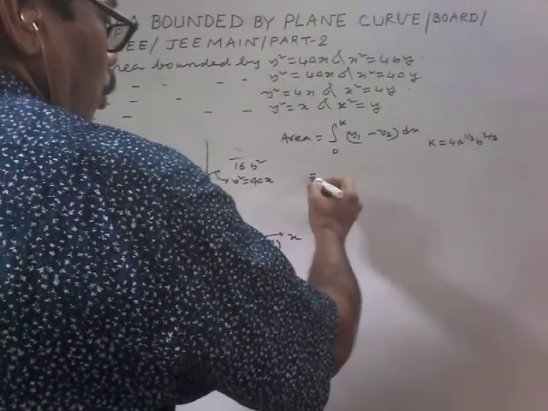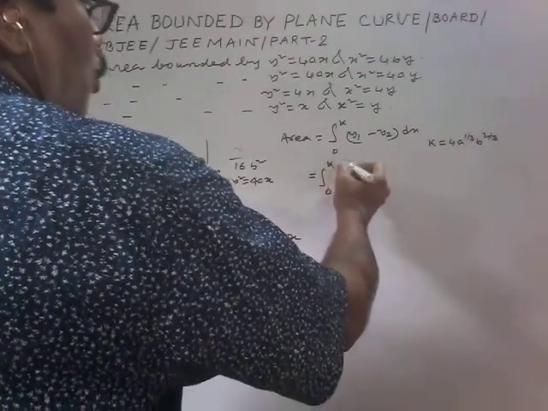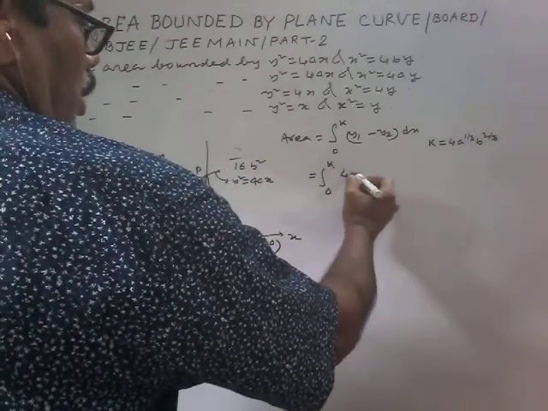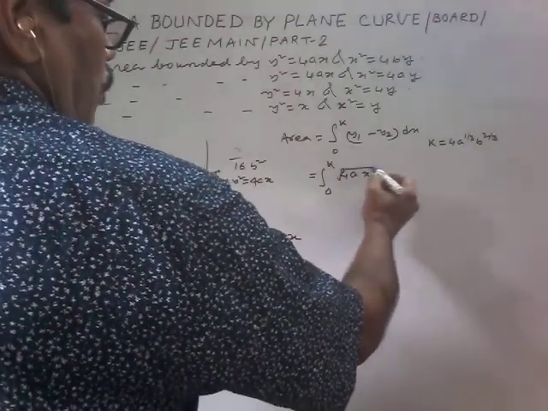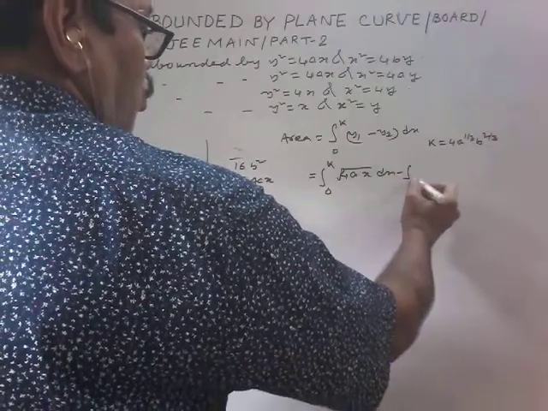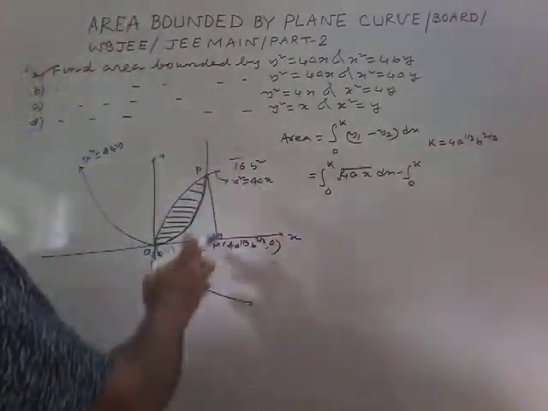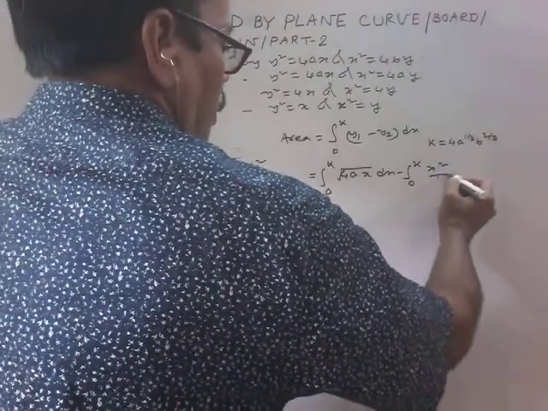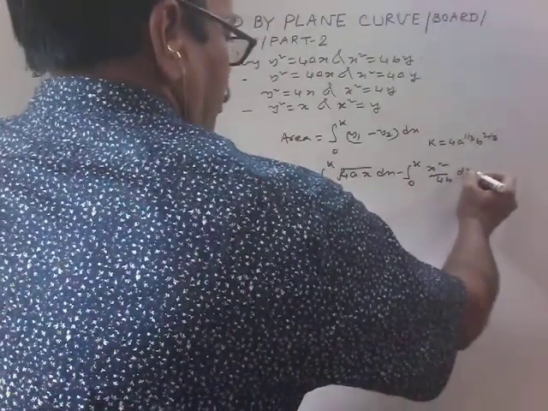Now what is y1? y1 is root over 4ax, and what is y2? y2 is this curve, x square by 4b, dx.